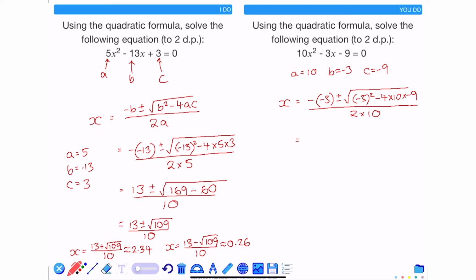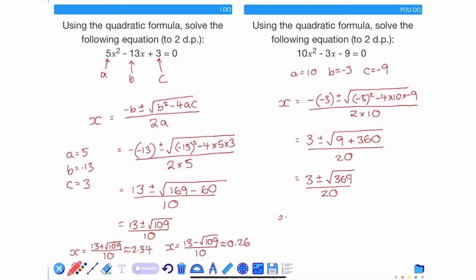Simplifying where I can, I get 3 plus or minus the square root of 9 plus 360, all divided by 20. And simplifying again gives me 3 plus or minus the square root of 369, all divided by 20.